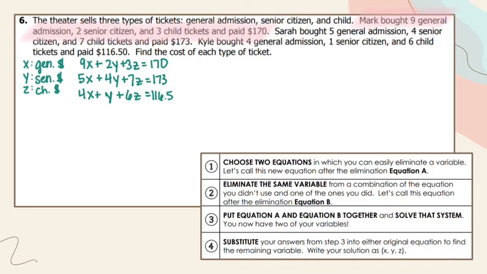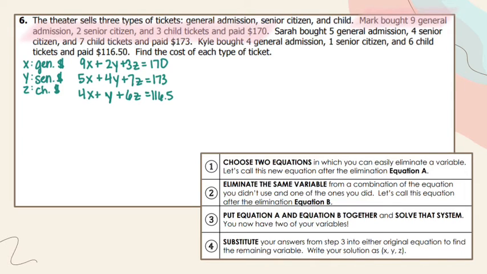So we're going to choose 2 of these equations to make equation A. I see this y that does not have a coefficient, and in my opinion, that one would be the easiest to manipulate because I can multiply by the smallest number to get it to work.